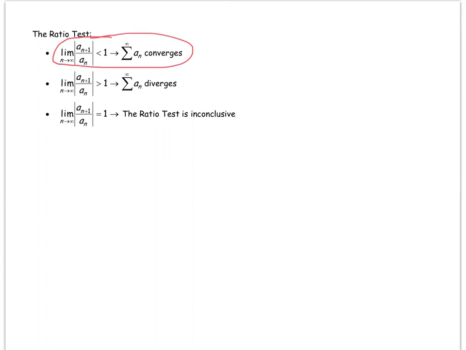And then similarly, if the ratio of terms is settling at a value that's more than 1, that means that in the long run the sequence is going to be behaving like a geometric sequence that would produce a diverging infinite geometric series. So let's actually work out the ratio test.